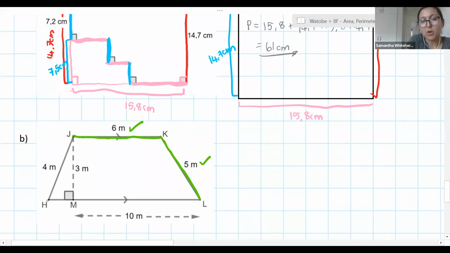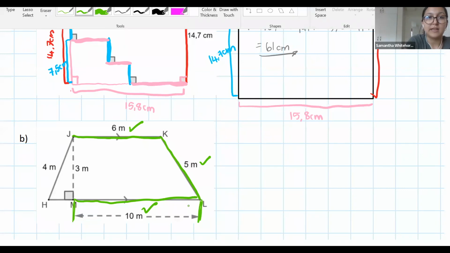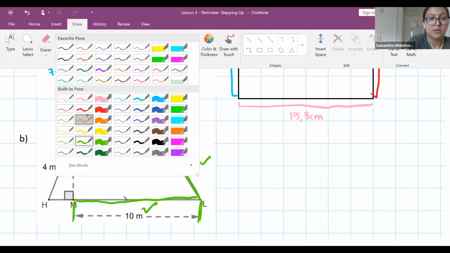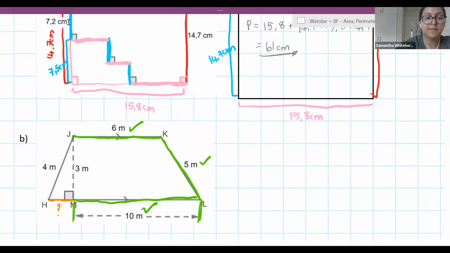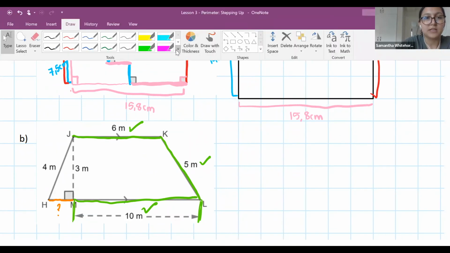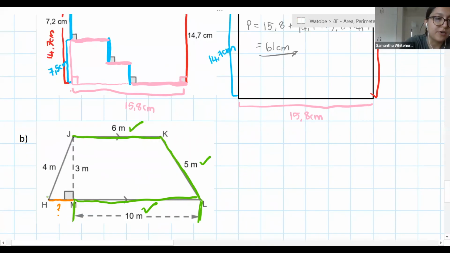Now I haven't been given the whole length HL, but I have been told that ML is 10 meters. So I know it's ML because those arrows stop at M and at L. I don't have a length for HM. So that's a bit of a problem for me. I need that if I'm going to work out the perimeter. And I have got the final side length of 4 meters.